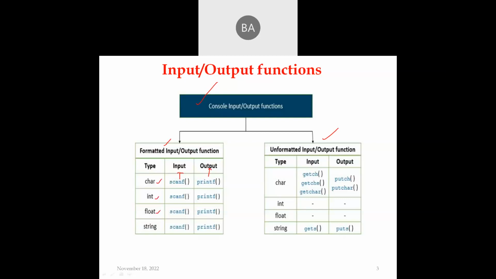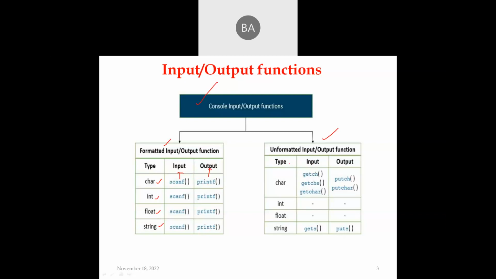You can read a character, an integer, a float value, or a string by making use of scanf, and you can print any data type value using printf. So scanf and printf are called formatted input output functions.